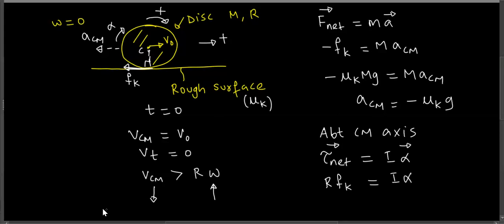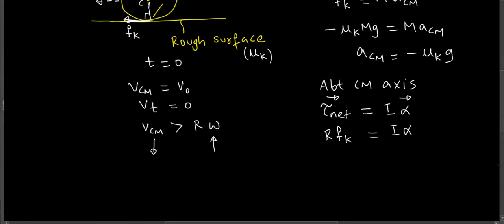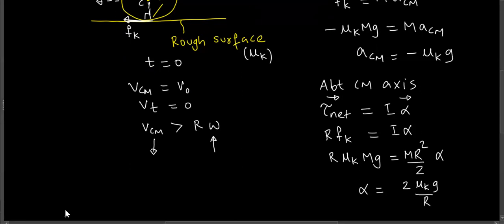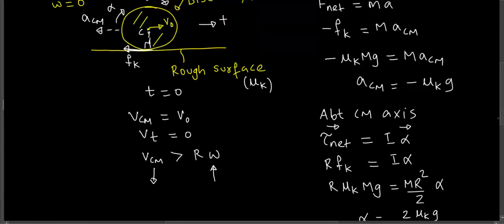Now, what is Fk? We already have it here, mu k mg. So we will substitute: mu k mg r is equal to I alpha. For disk, I is mr square by 2. Now, what do we get alpha as? Alpha is 2 mu k g by r. You're okay here so far? So we have ACM, we have alpha.